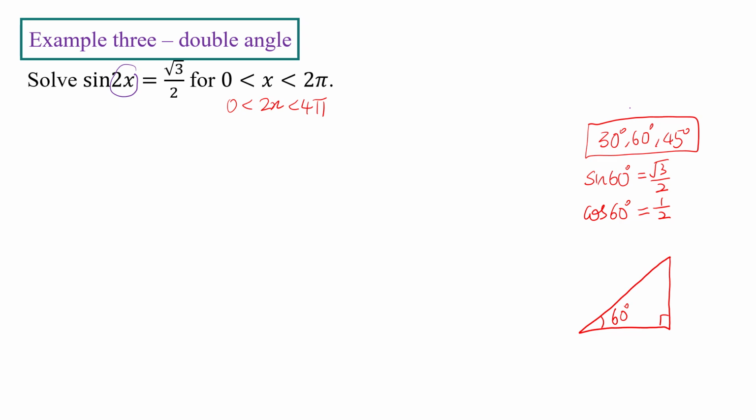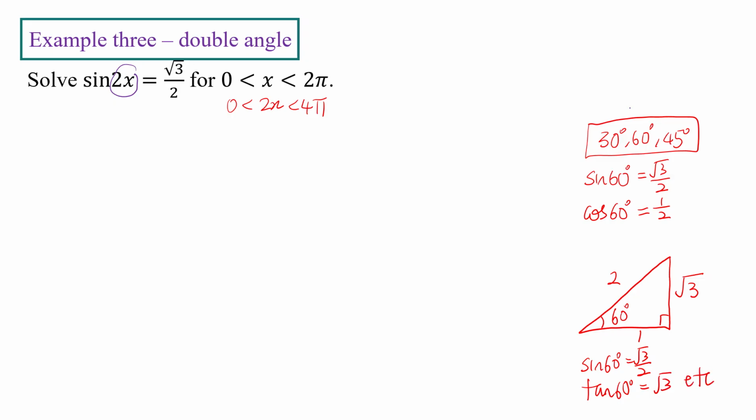Cosine is adjacent over hypotenuse, so your opposite will be square root of 2 squared minus 1 squared. That will give you square root 3. From here, we can easily find the value for sine 60 to be square root 3 over 2, tangent 60 to be square root 3, and so on and so forth.